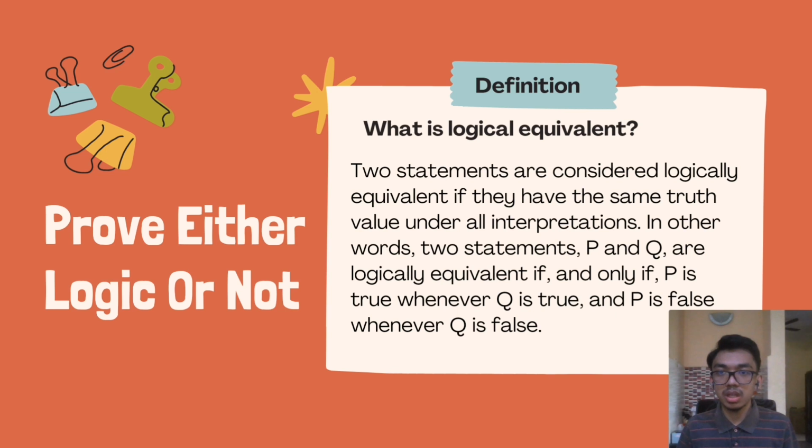Two statements are considered logically equivalent if they have the same truth value under all interpretations. In other words, two statements P and Q are logically equivalent if and only if P is true whenever Q is true, and P is false whenever Q is false.